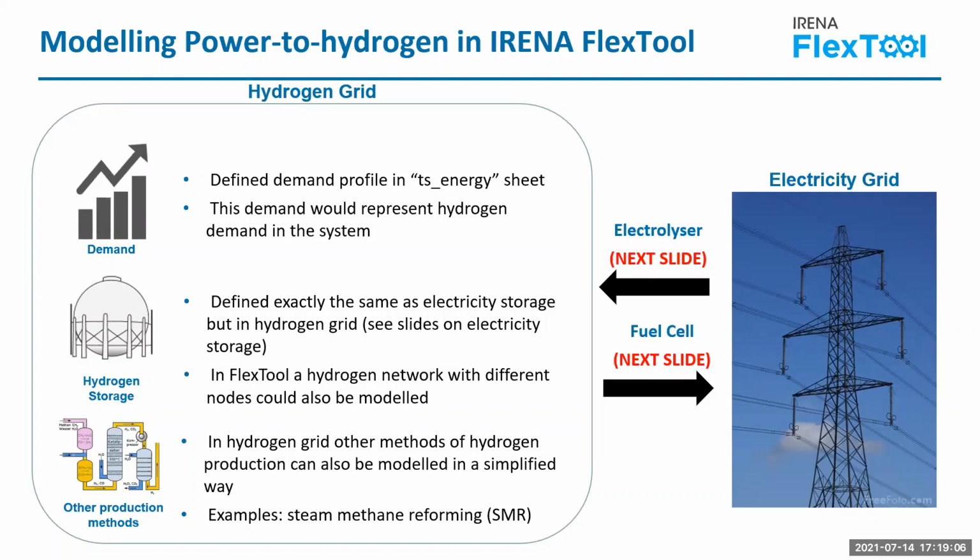For green hydrogen, again, we need to define an electrolyzer unit which will consume power and produce hydrogen into the hydrogen grid, looking in particular for periods of lower electricity price. And then the grid can also include storage, meaning that consumption doesn't necessarily need to take place at the same time as production.